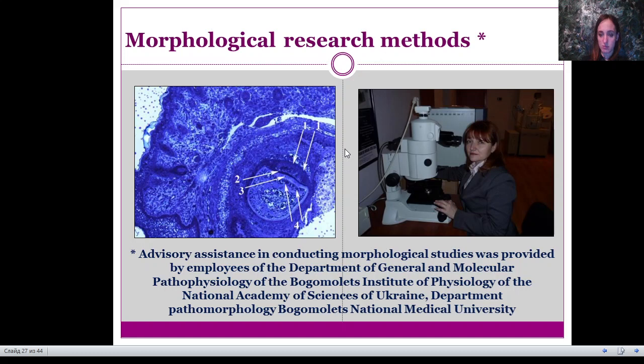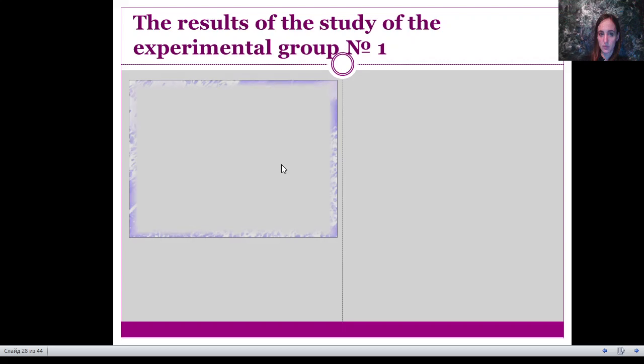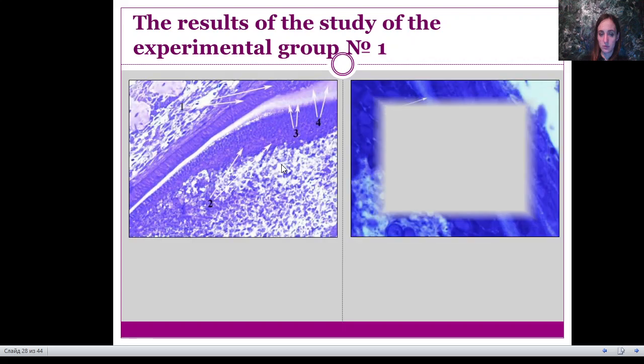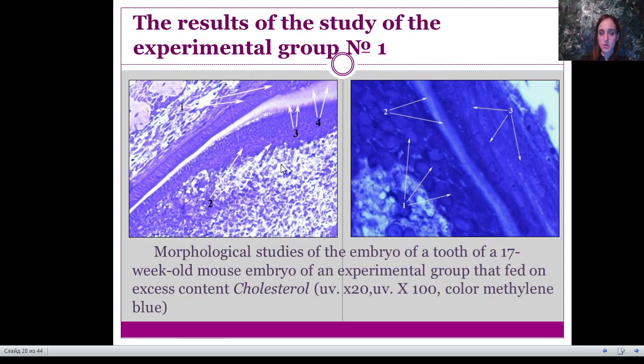We use a microscope, and we can see such preparate. And it is our results of group 1 and morphological studies of the embryo of the tooth of a 17-week-old mouse embryo of an experimental group that fed on excess content of cholesterol.